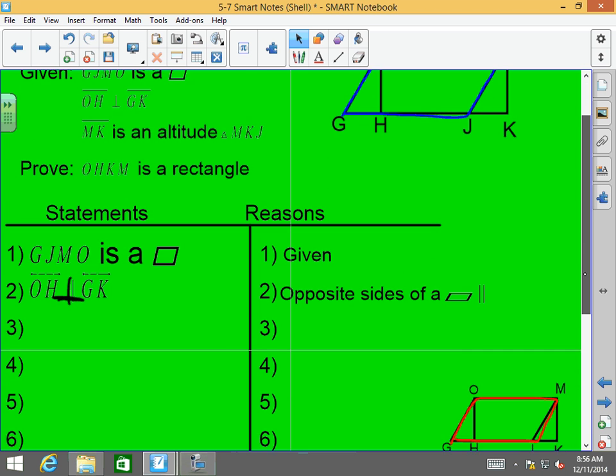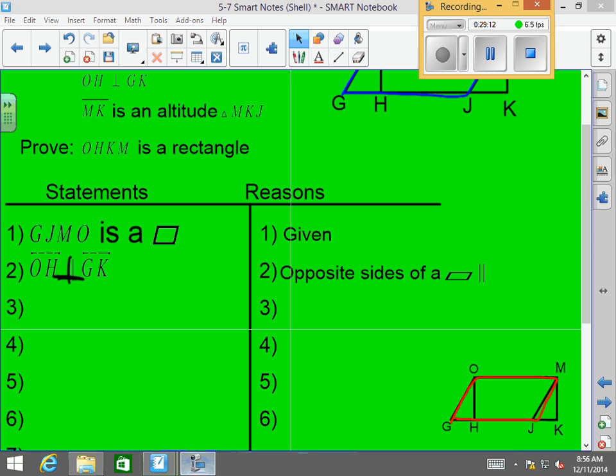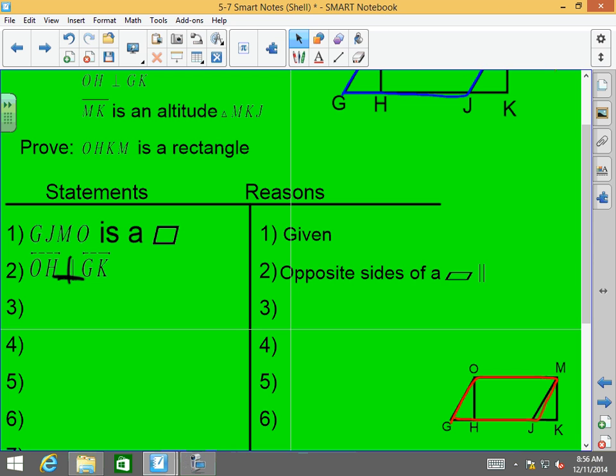Because, wait a second, hold on. All right, I apologize. I shouldn't second guess myself. I just wrote this wrong. It is parallel, but it's not OH. It's OM. My bad.